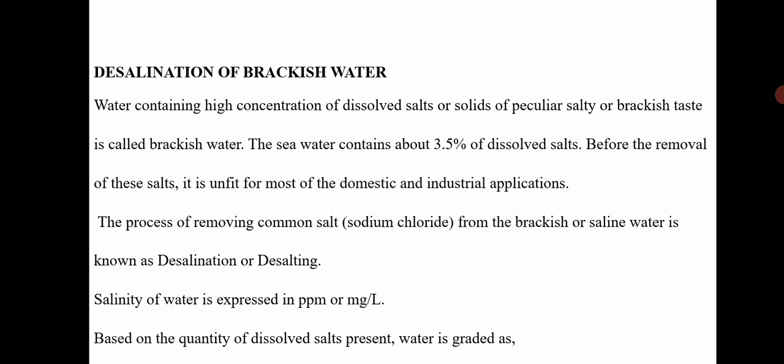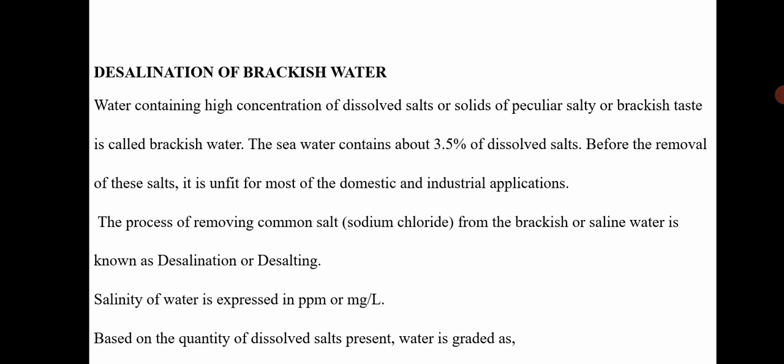Water containing a high concentration of dissolved salts, with a peculiar salty taste, is called brackish water. Normally, seawater contains about 3.5% dissolved salts. Before the removal of these salts, it is unfit for most domestic as well as industrial applications. Therefore, the process of desalination is very important.